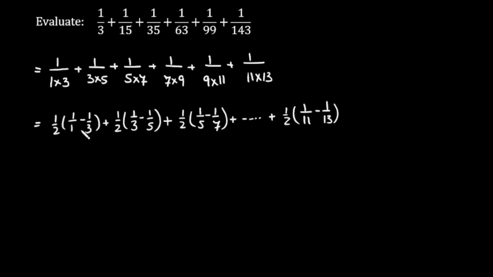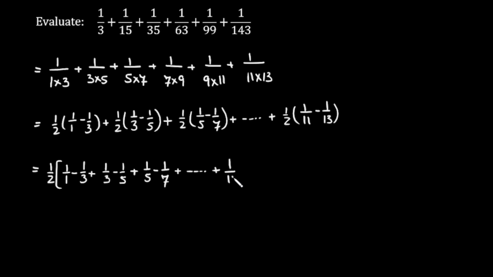So take that 1 over 2 common from the whole expression. So this is equal to 1 over 2 inside, 1 over 1 minus 1 over 3, plus 1 over 3 minus 1 over 5 plus 1 over 5 minus 1 over 7 plus 1 over 11 minus 1 over 13.